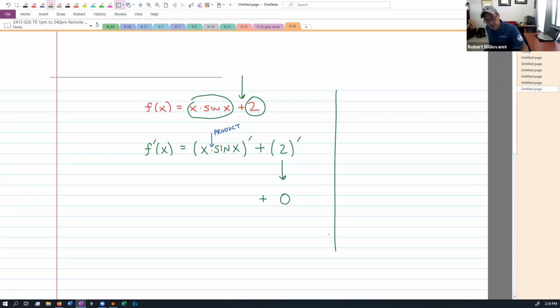If we could, let's just say if we had x times sine x, life would be beautiful if the derivative of that was 1 times cosine x, wouldn't it? Wouldn't that be nice? You just take the derivative of x, which is 1, then the derivative of sine x, which is cosine x. And the question is, is that right? I don't know. Well, let's graph it.